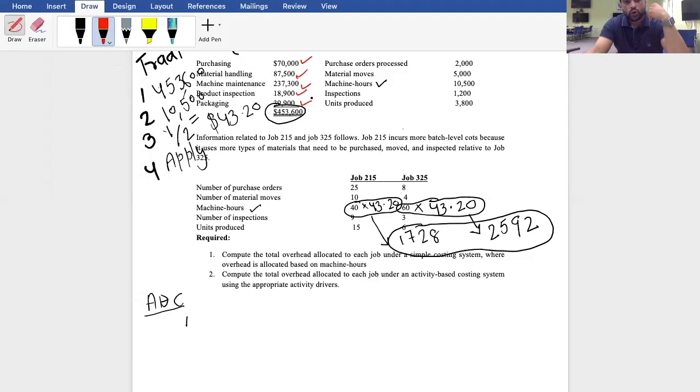So we have to find out what will be the cost related to these 5 activities. Instead of writing the names, I'm writing 1, 2, 3, 4, and 5.